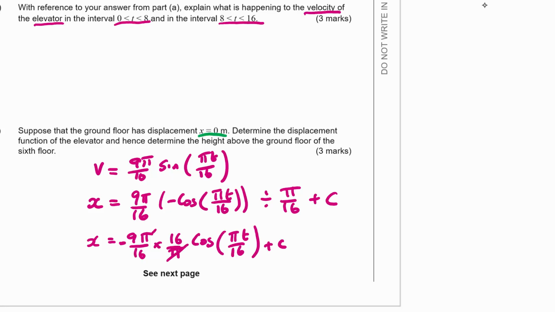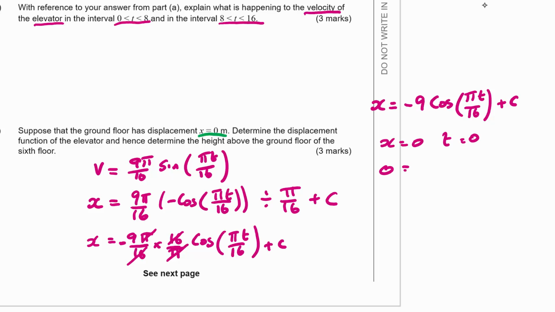So those pi's are going to cancel, the 16's are going to cancel. So x is going to be negative 9 cos pi t on 16 plus constant. And we know that x equals 0 when t equals 0.